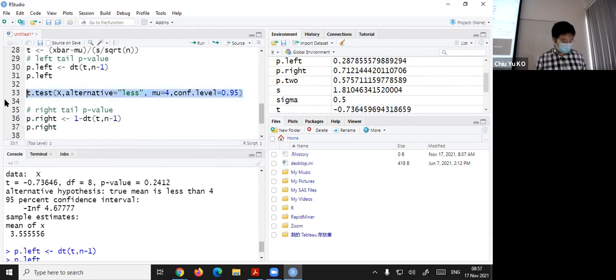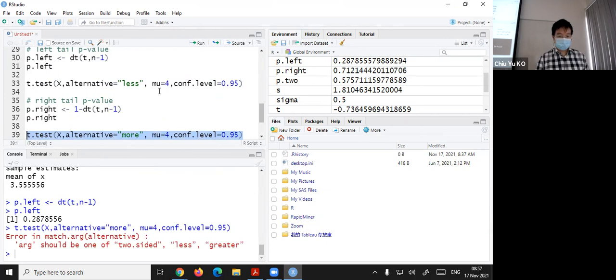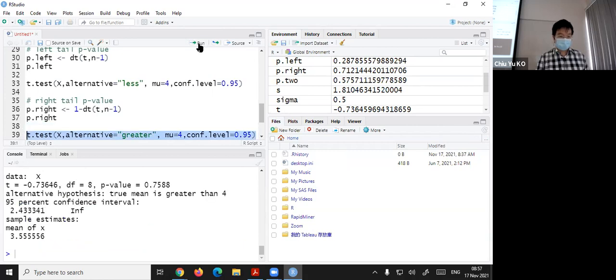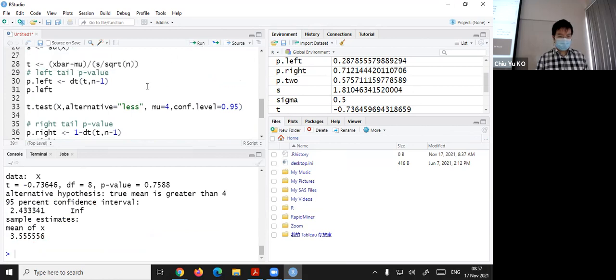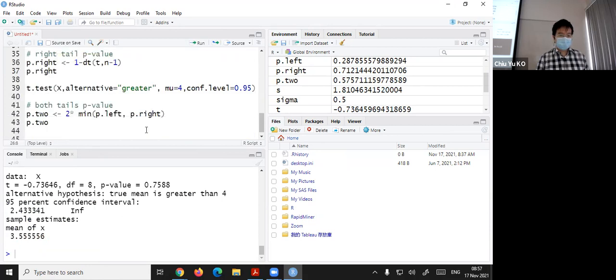So you also want to do the right tail. The right tail will be just more, so the greater. Okay. So two tail.